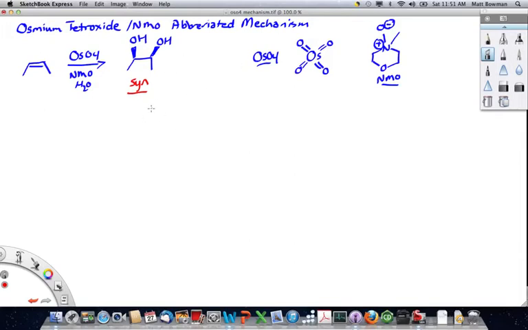What happens in this reaction is we have an alkene, and here we have the osmium tetroxide.